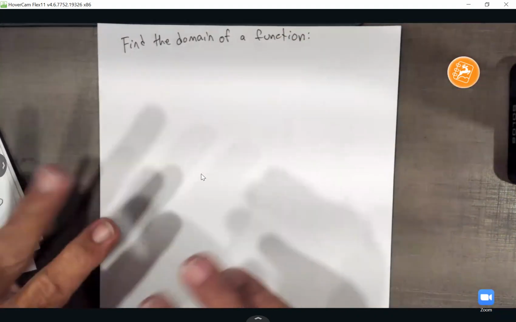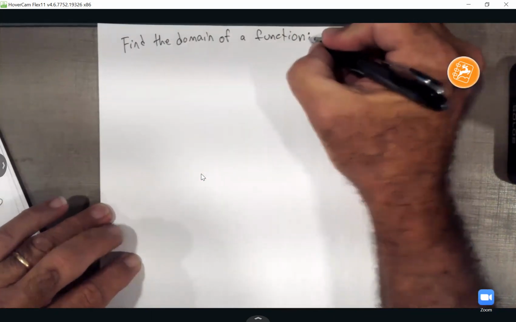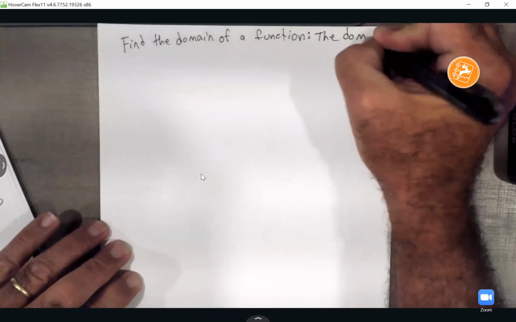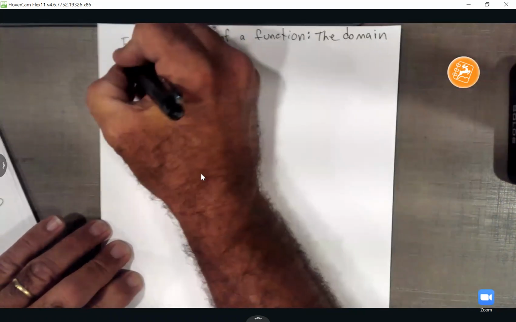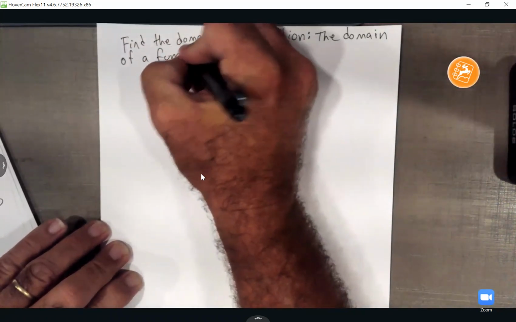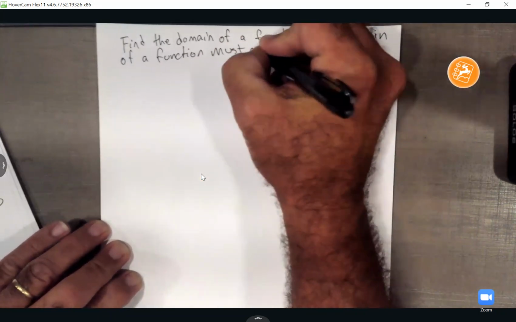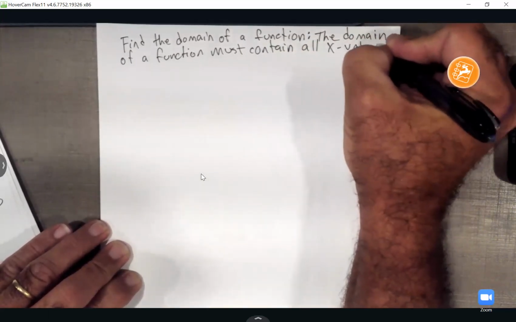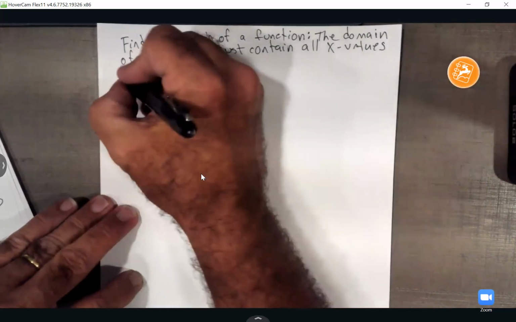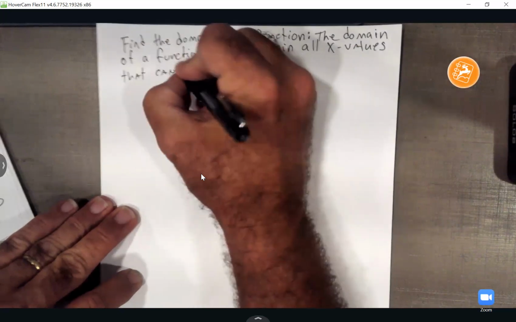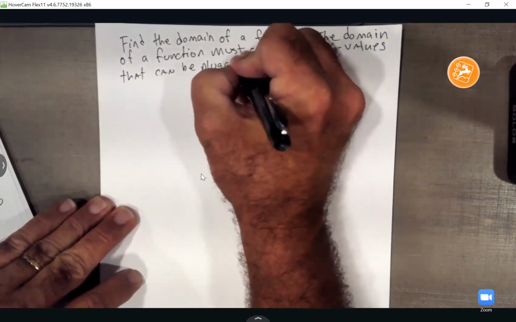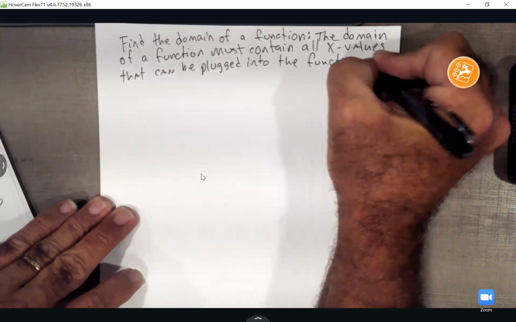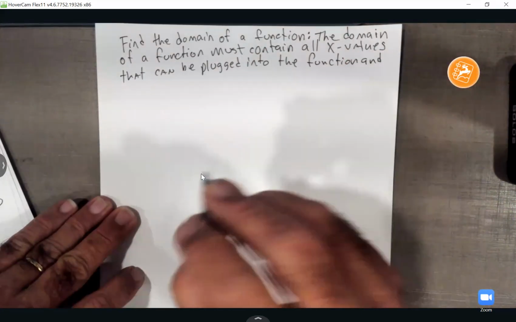So y'all, here's the thing about the domain of a function. The domain of a function must contain all x values that can be plugged into the function and have real number answers.